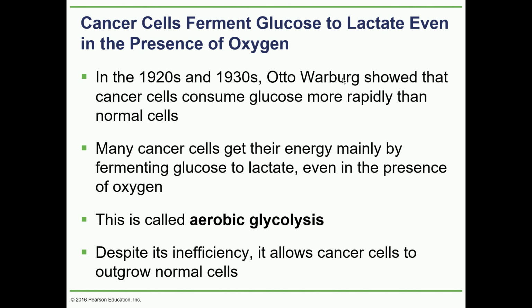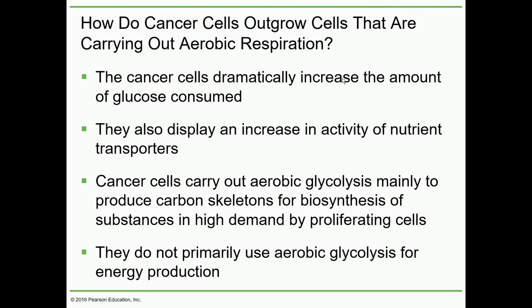They undergo this process because, as you know, cancer cells are very fast dividing cells. For the proliferation of the cells, they need a lot of carbon skeletons, and they undergo aerobic glycolysis mainly to produce carbon skeletons, because from these carbon skeletons they need to make new substances which are going to be used for making new cells.